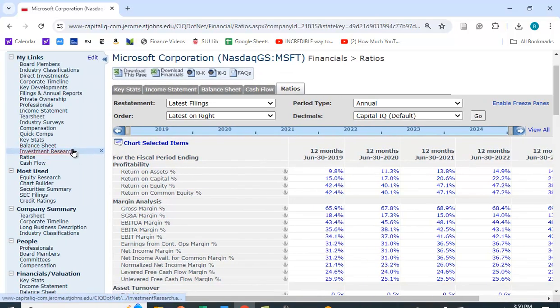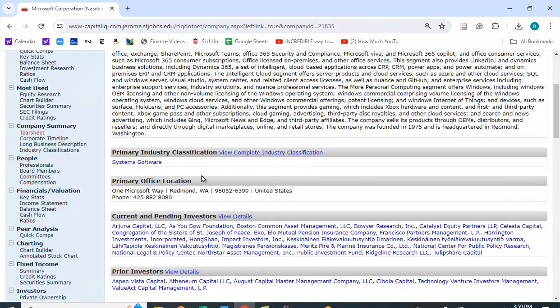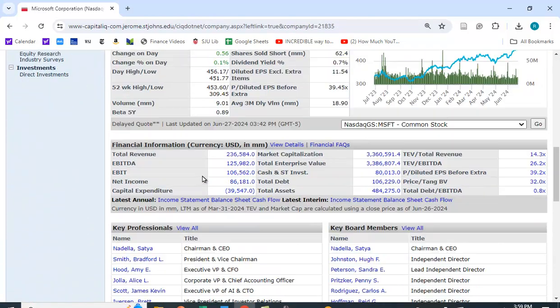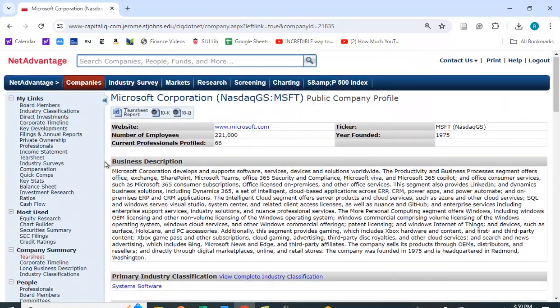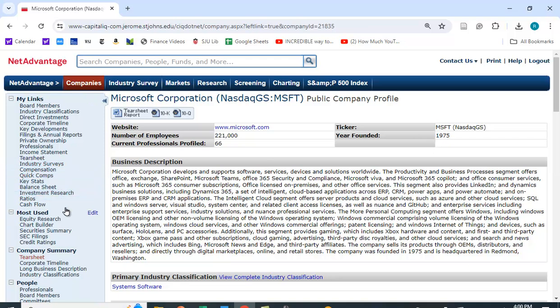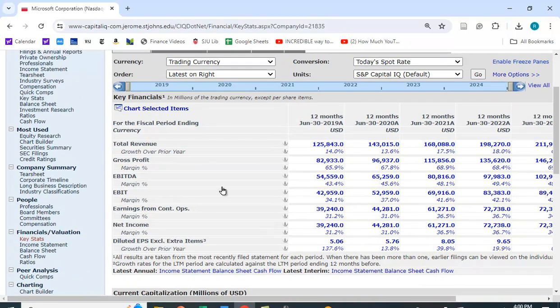And we can also look at, there's a tear sheet, which gives you some summary information. This was basically what we got when we searched originally. We can look at some key statistics, total revenue, gross profit, EBIT, EBITDA.